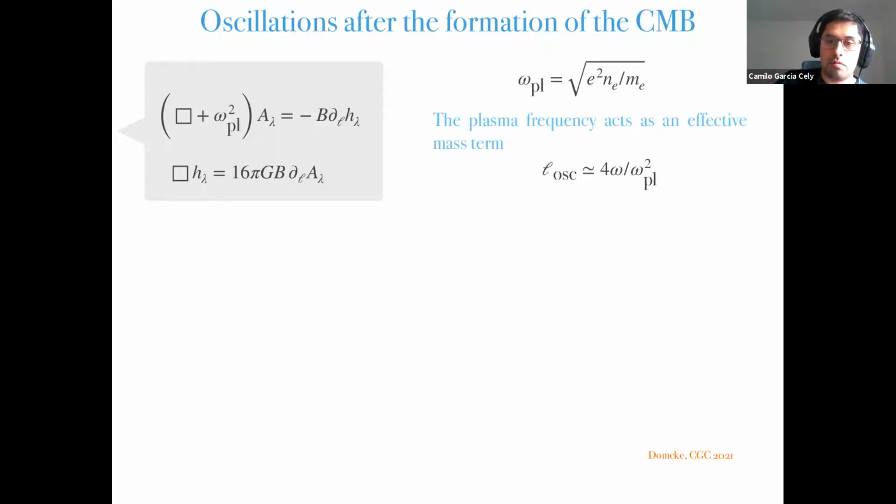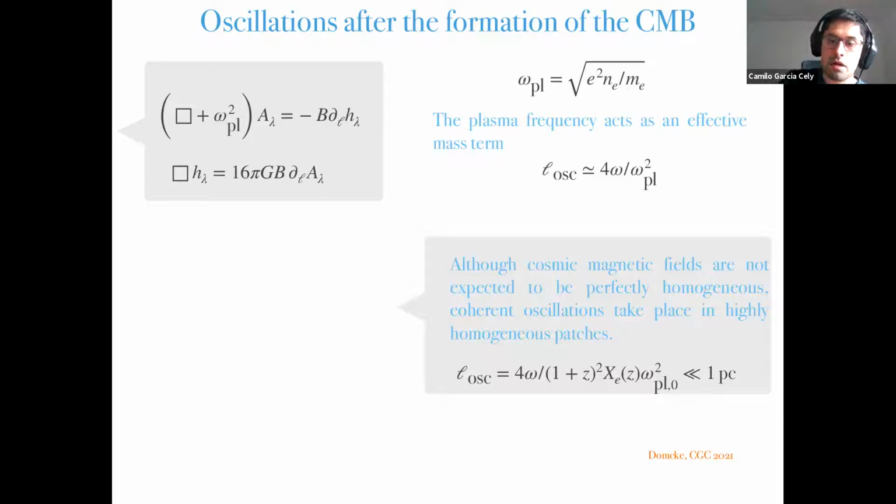Essentially, this is very similar to, for instance, neutrino oscillation. So you just have a conversion probability of one onto the other, and this conversion probability is determined by the plasma frequency.